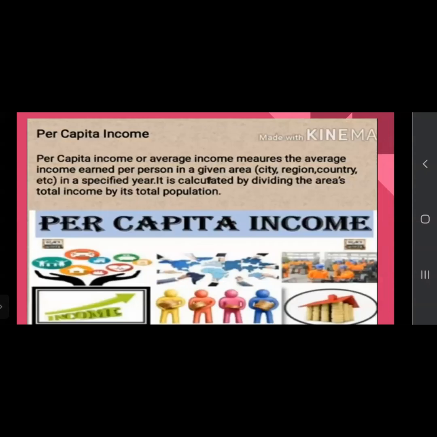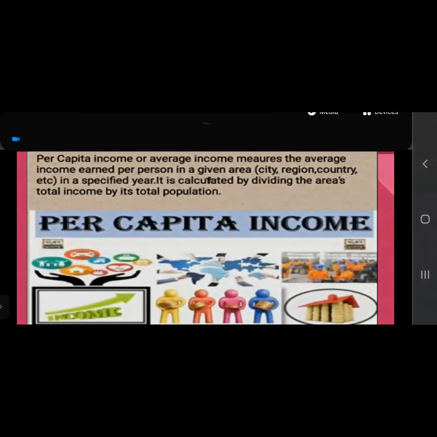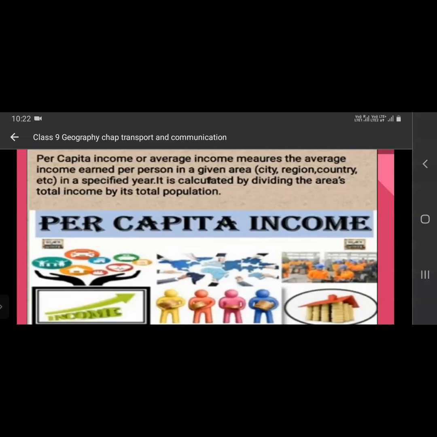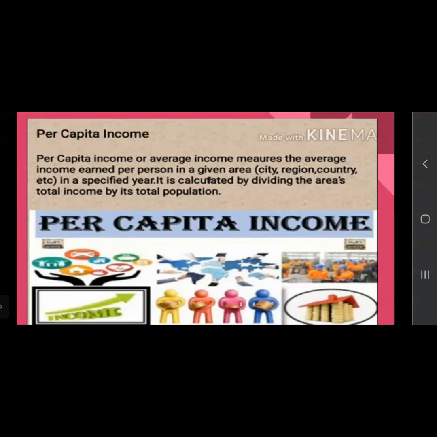Per capita income. Per capita income, or average income, measures the average income earned per person in a given area, examples being a city, region, country, etc., in a specific year.